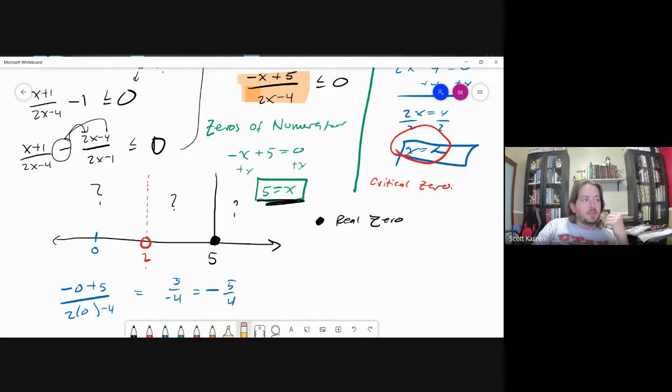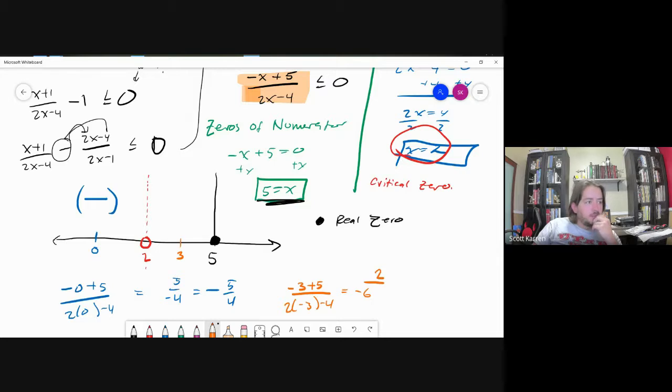So in here, I know I'm negative. Check the next number, check some number between 2 and 5. It doesn't matter which number, throw in 3, right? So then I have negative 3 plus 5 over 2 times negative 3 minus 4. Negative 3 plus 5 is 2. 2 times negative 3 is negative 6.